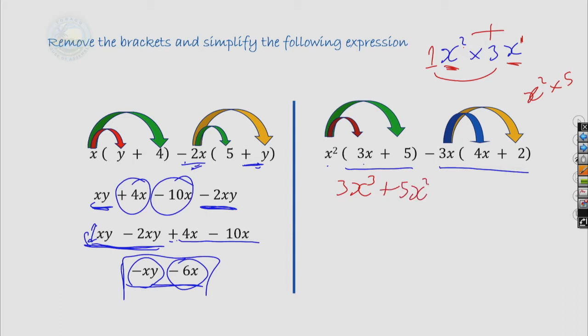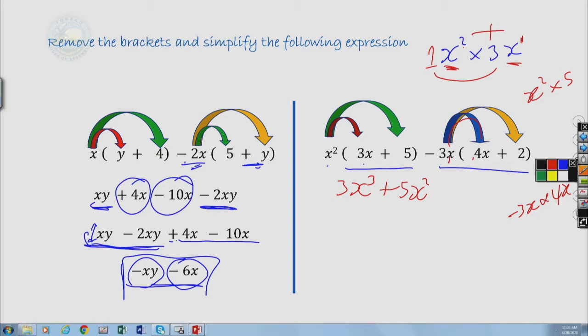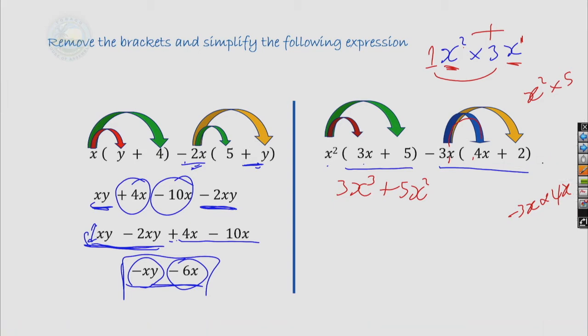And now we work this one. Here we know what to multiply, just follow the blue arrow. So it's negative 3x multiplied by 4x. Let's multiply out our coefficients. Negative 3 times 4 gives me negative 12.